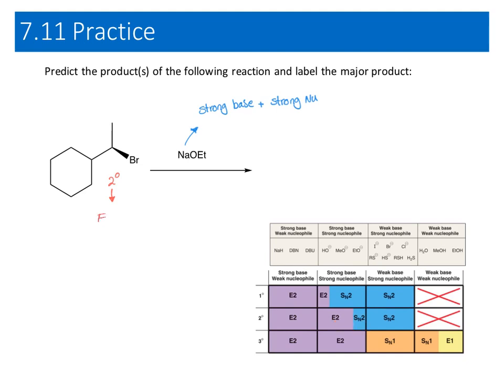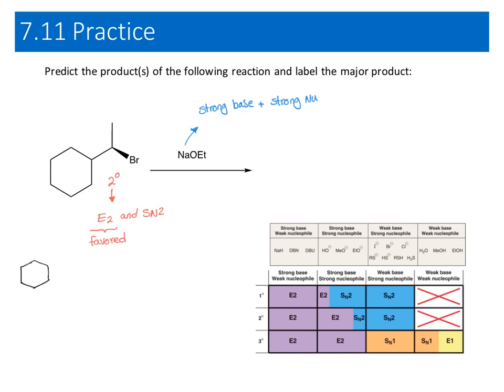However, E2 is favored here, but we are still making the SN2 product. Now let's draw the substitution product, which is happening through the SN2 mechanism. To draw it, I'm going to draw the molecule one more time here.